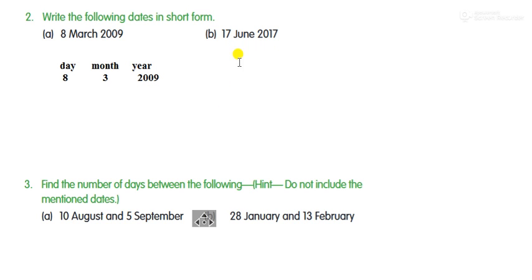Here, 17 June 2017. So here it's day, month, year. Here the day is 17 and the month is June, meaning January, February, March, April, May, June, which is 6. So 2017.